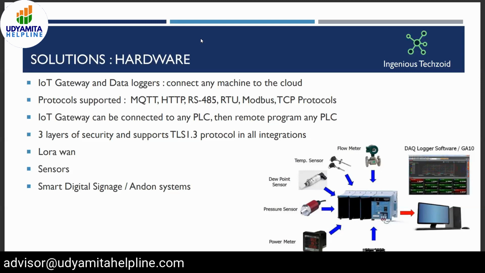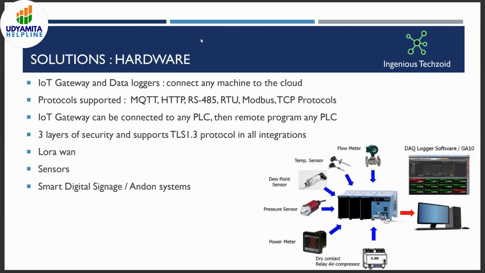By using this data, you can create add-on systems or smart digital signage solutions, and you can show all the data on your shop floor. We have also made some wireless devices.